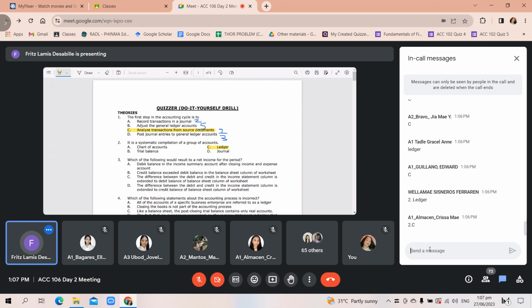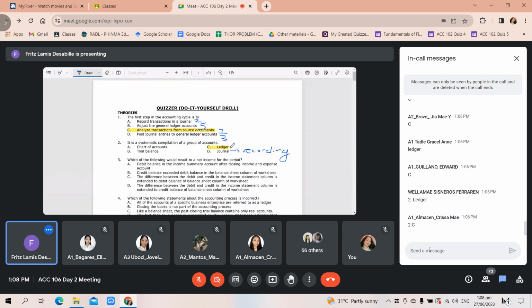Next is the journal. So journal is used to record transactions. In the journal, we have again the general journal and the special journals, so sales journals, cash receipt journal, purchases journals, and cash disbursement journals. Now, to give you another clear view of at what point of the accounting process they are used, the journal is in the recording phase, or the recording part.